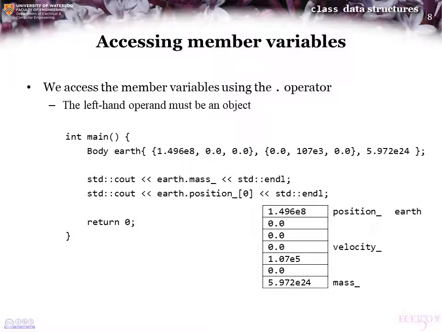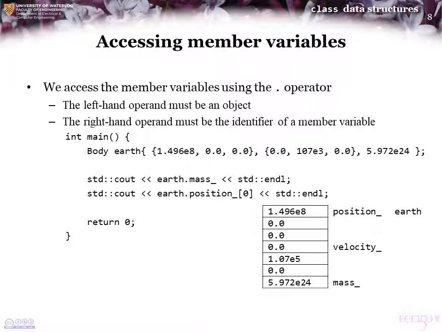Well, we use the dot operator, and the left-hand operand must be an object or an instance of the class. So for example, here Earth is an instance of the class body. The right-hand operand must be the identifier of a member variable of the class of which the left-hand operand is.